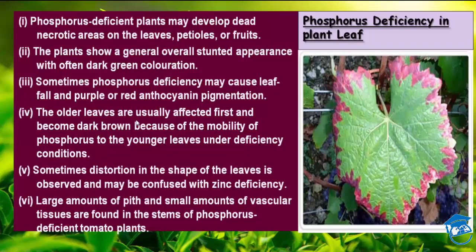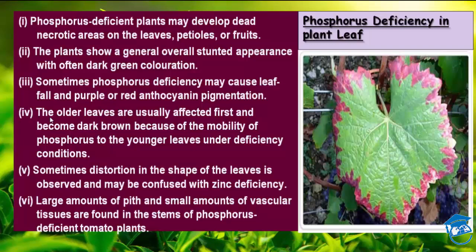The older leaves are usually affected first and become dark brown because of the mobility of phosphorus to the young leaves under deficiency. That means whenever phosphorus deficiency occurs, phosphorus becomes mobile and moves to the younger leaves first.